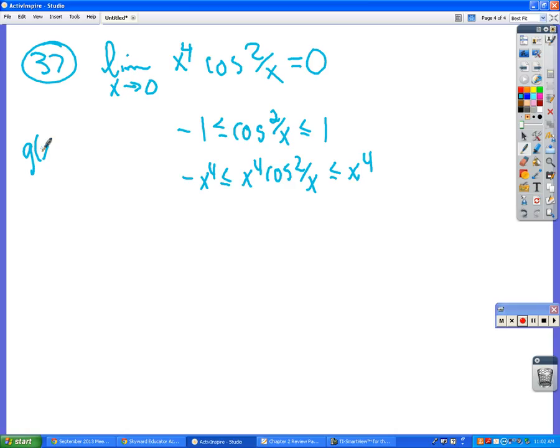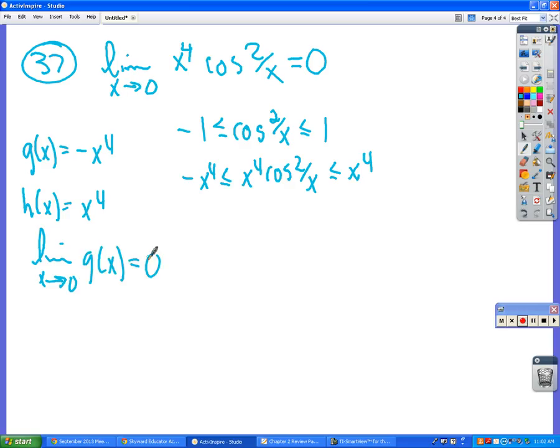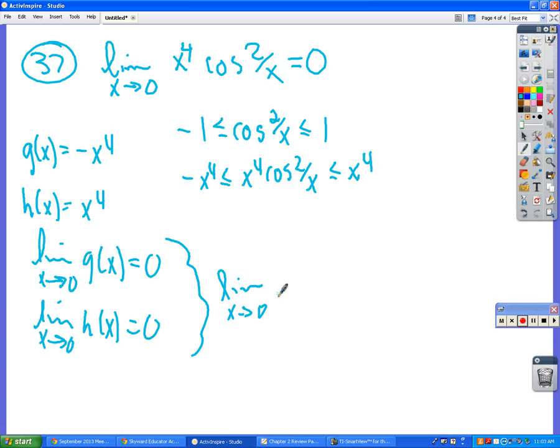So one of the functions is negative x to the 4th. Another one of the functions is positive x to the 4th. Since the limit as x approaches 0 of g of x is 0, and since the limit as x approaches 0 of h of x is also 0, therefore the limit as x approaches 0 of the original one is 0 also.